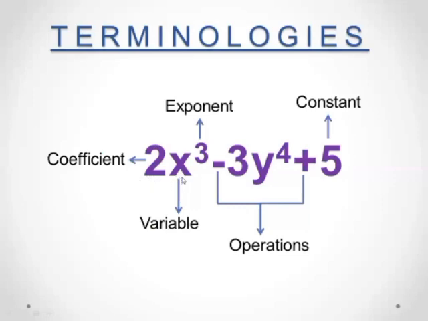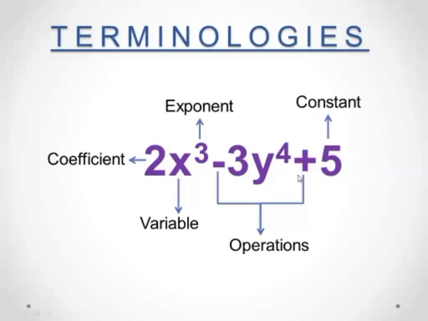X is known as variable and 3 is the exponent. There is one more variable which you can see over here, that is y. And what is its coefficient? Its coefficient is 3. Here 4 is again exponent which is written and it is read as 3y raised to the power 4.